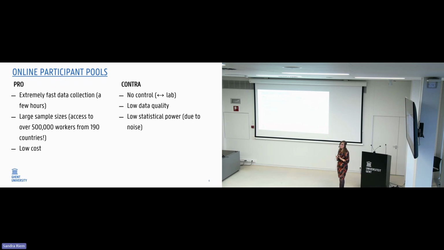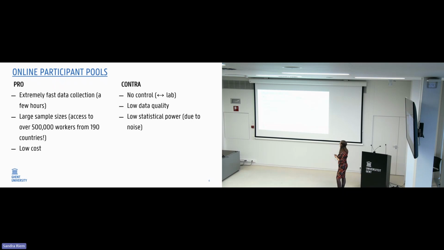Low data quality. They are really fast in filling out your survey or experiments. I don't know whether they always read everything in detail, and you see that in the data. They do strange things. You have outliers. You have very strange answers to questions that don't make sense. The data quality is way lower than in the lab.